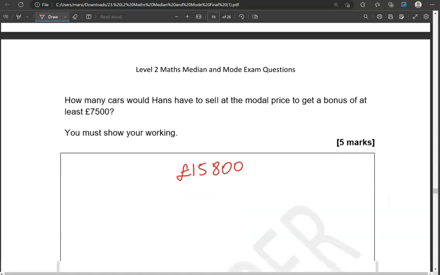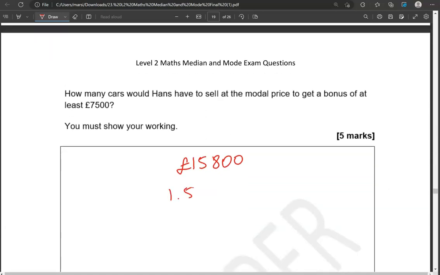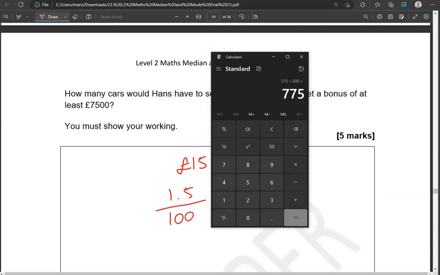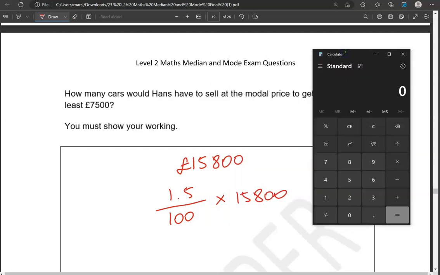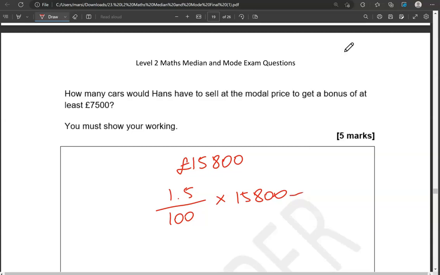The bonus is 1.5%, so 1.5 out of 100 of 15,800 gives us £237 for each car sold.